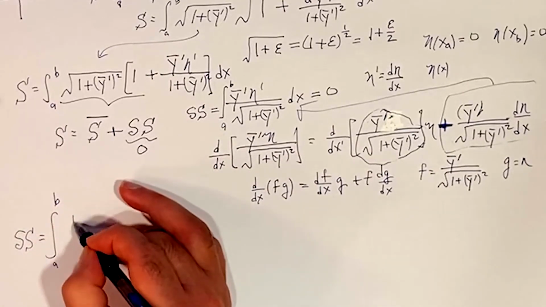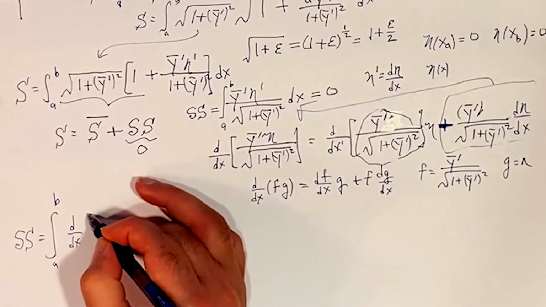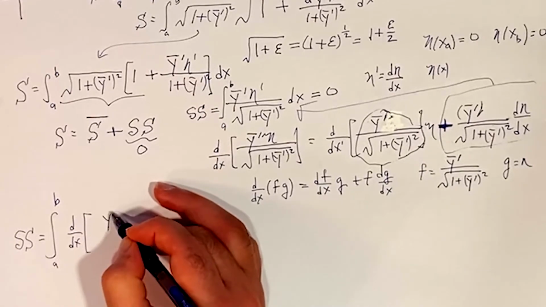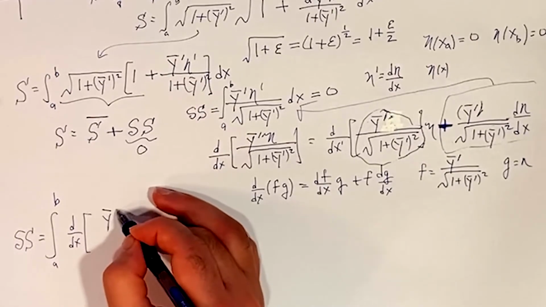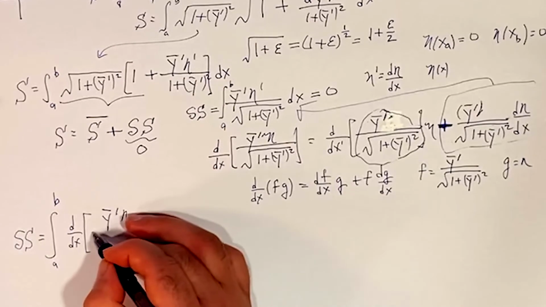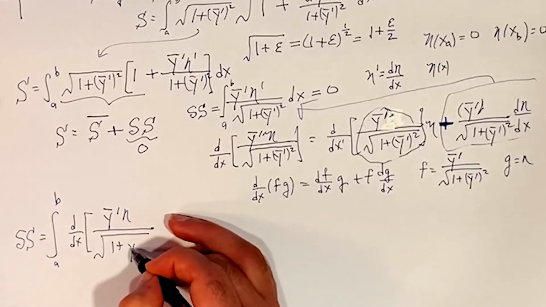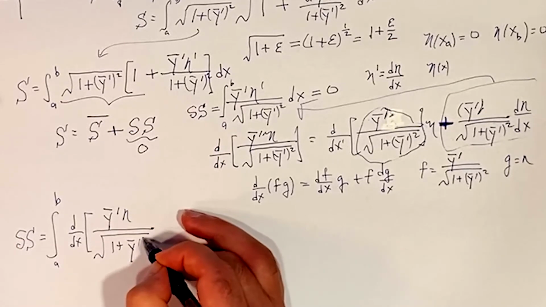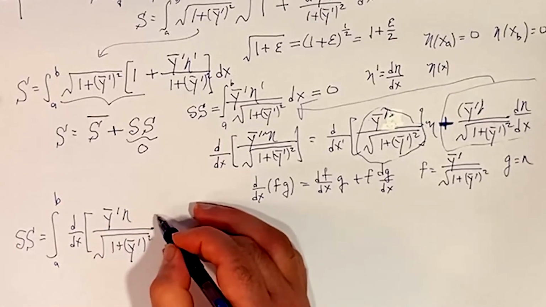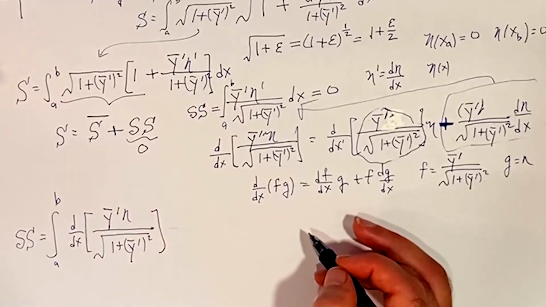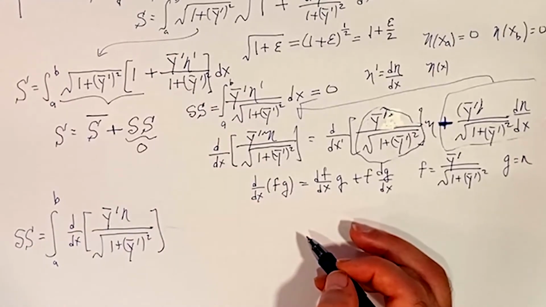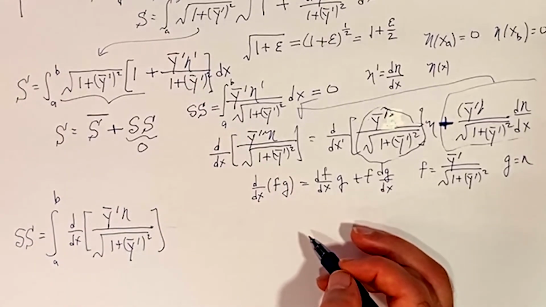Here is d dx of y bar prime eta over the square root of 1 plus y bar prime squared. All right, that's the first term.